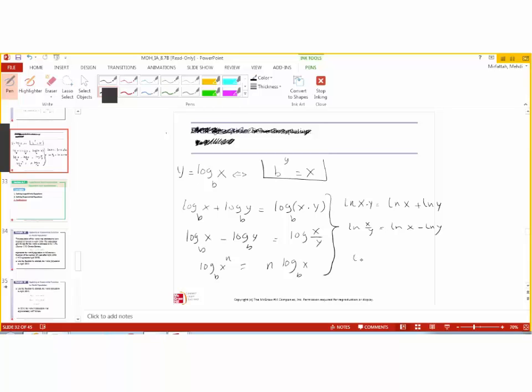And if I have natural log of x to the power of n, it will be n times natural log of x. So these are the properties that you need to know to simplify all those problems for the logarithm.